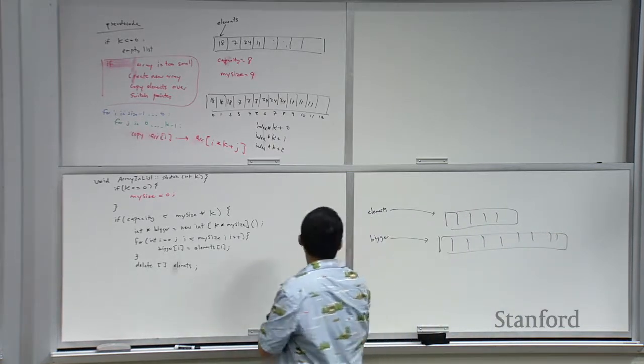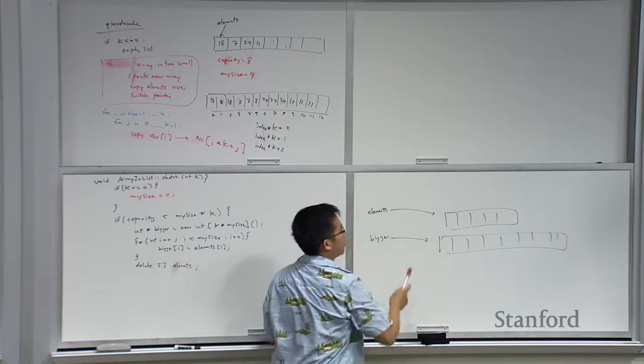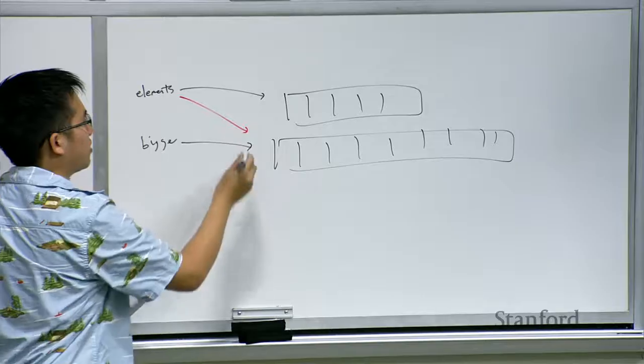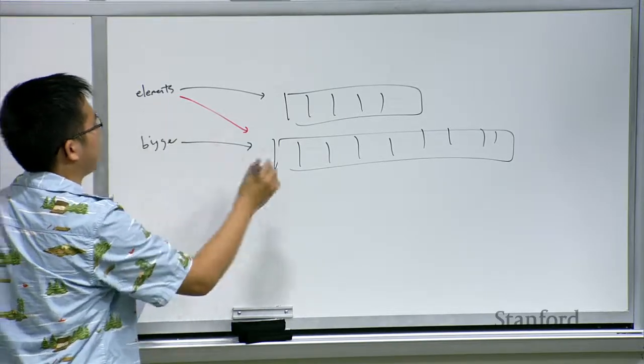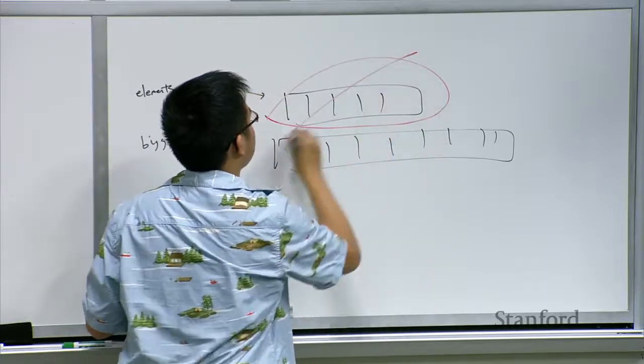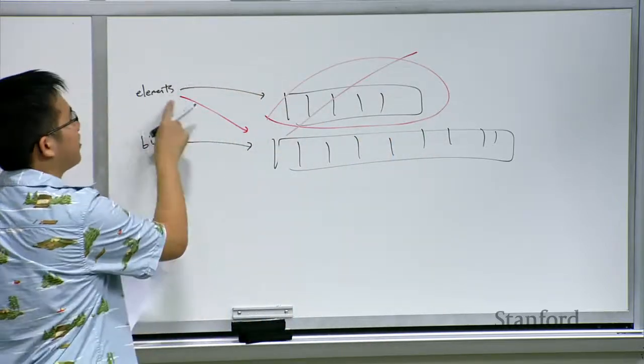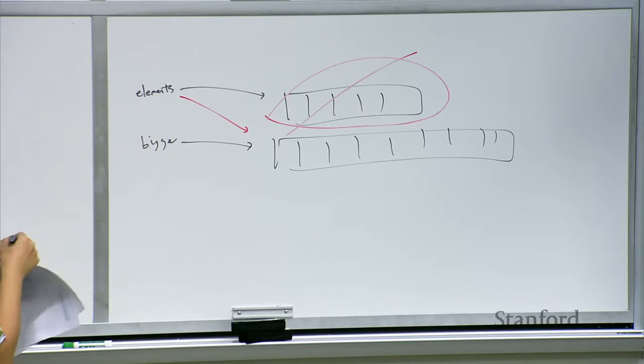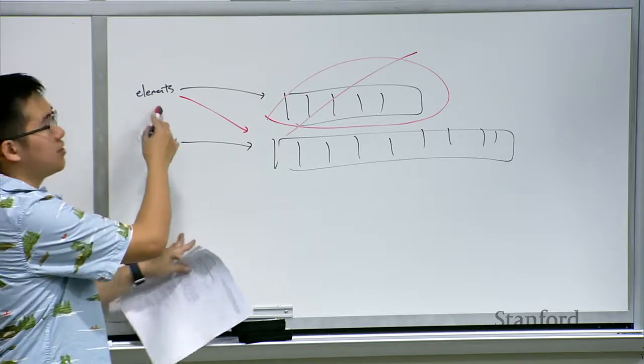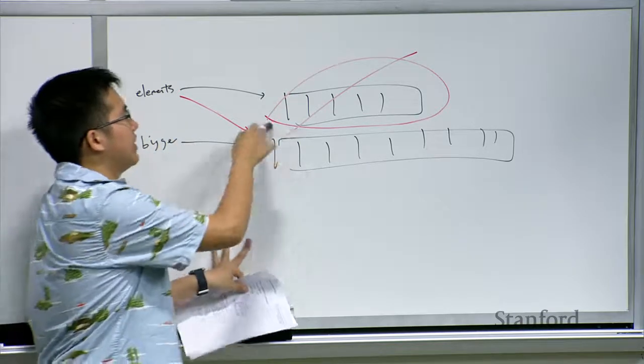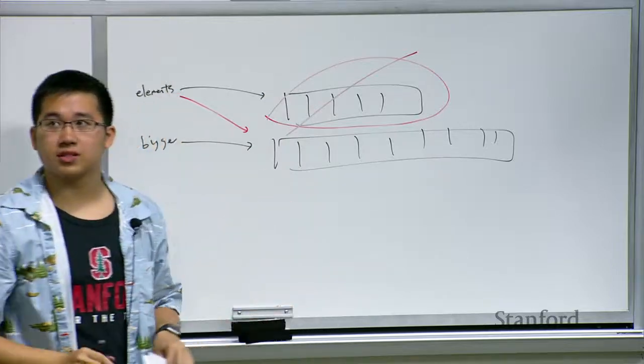All right. We want elements to point to this new one. Before we can do this, we have to first say, okay, elements, let's free this memory. Then after you do that, then you can switch elements to point to that one. Okay? You can still use elements.